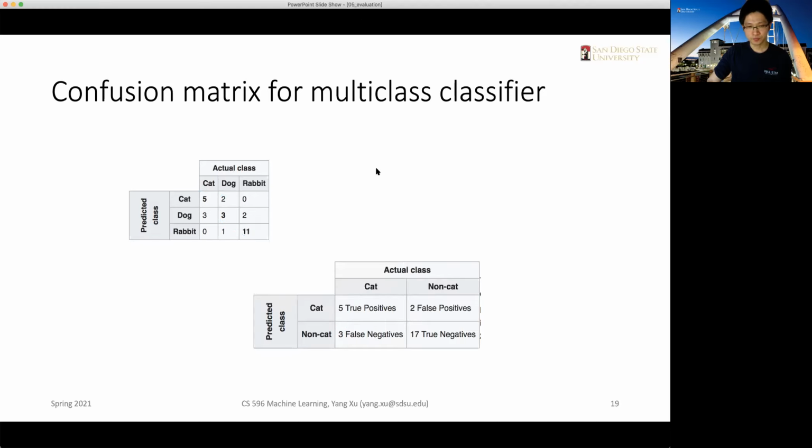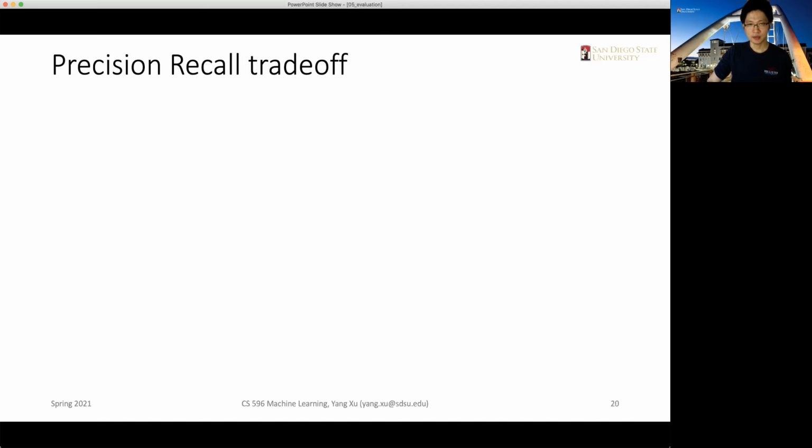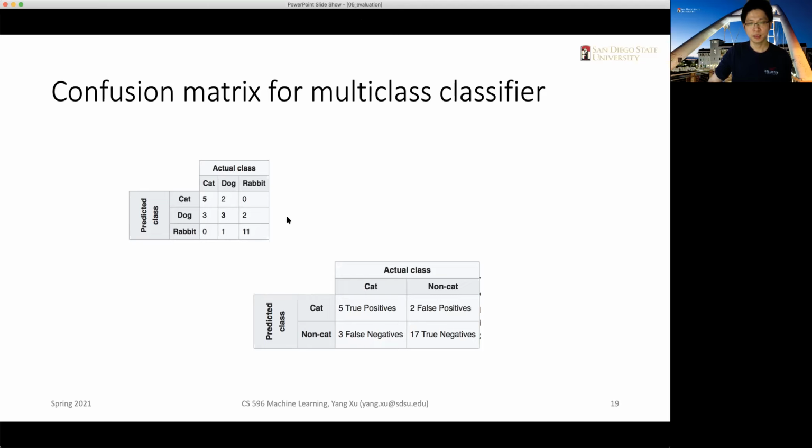But we can basically use the same technique to describe the performance of the model in terms of one class. For example, when we care about the cat class, we can combine the other 2, dog and rabbit, columns into one column, right? We can combine the dog and the rabbit rows into one row.